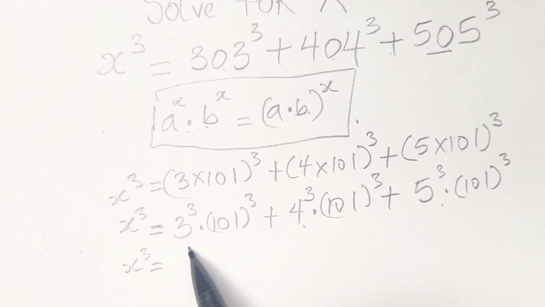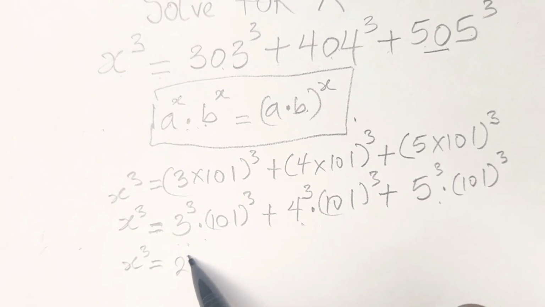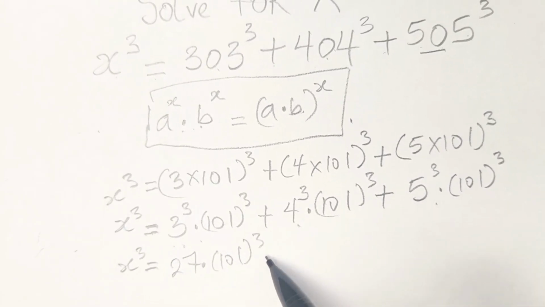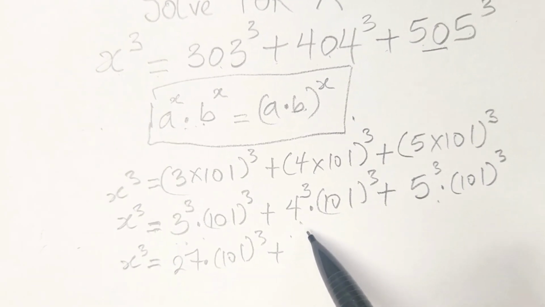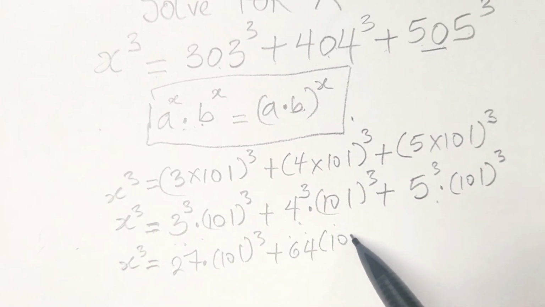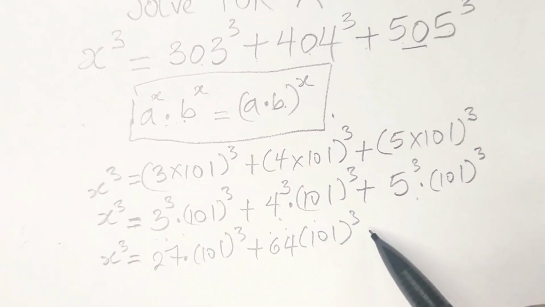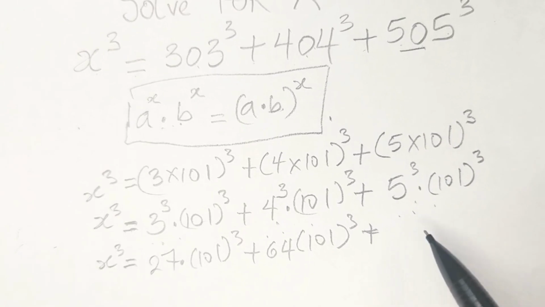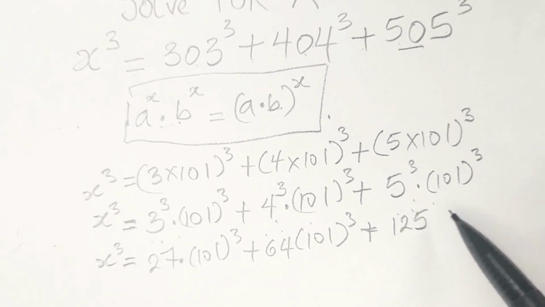3 times 3 is 9, 9 times 3 is 27. 4 times 4 is 16, 16 times 4 is 64. 101 cubed plus 5 times 5 is 25, 25 times 5 is 125.